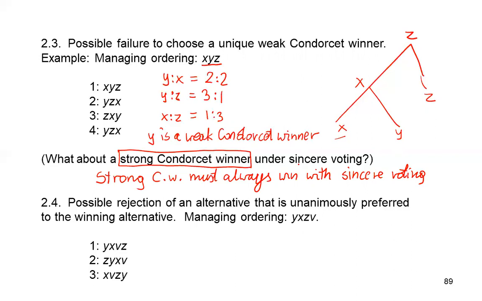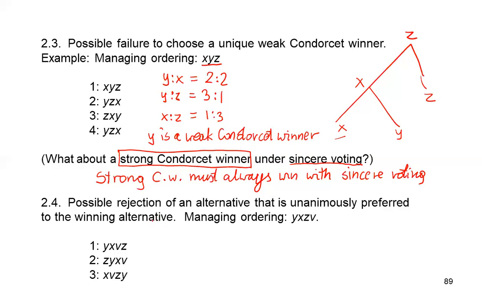We assume sincere voting, so voters vote according to their preferences, and according to those preferences, our Condorcet winner wins against any alternative. So it must win. There's no way for a paradox similar to the paradox that happened with the weak Condorcet winner.